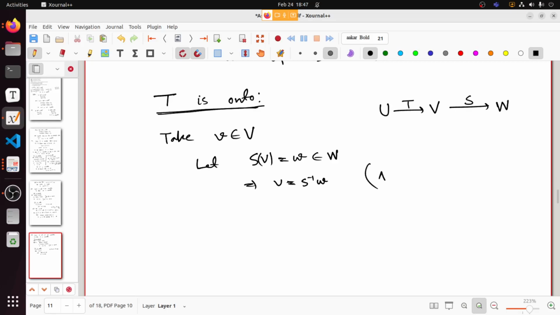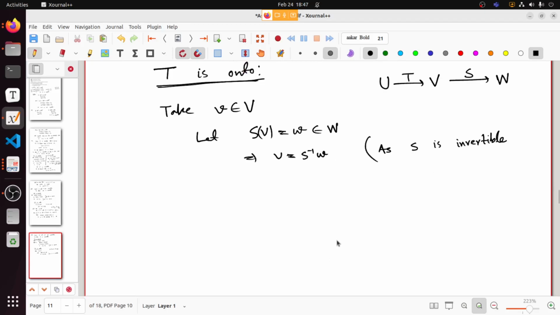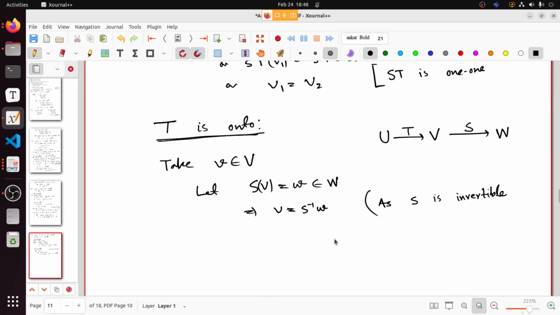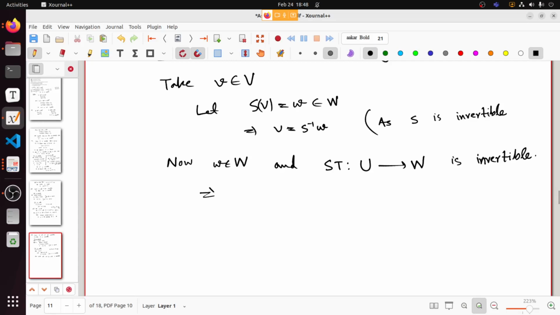As S is invertible, v equals S inverse w, where this w is in W. And ST is also given to be invertible, which means ST is onto. Now small w belongs to capital W, and ST is a map from U to W that is invertible, which implies ST is onto. So there exists u in capital U such that ST of u equals w.